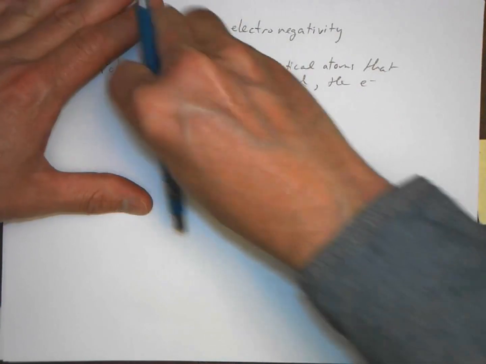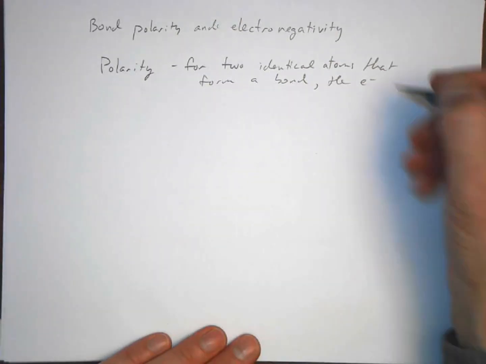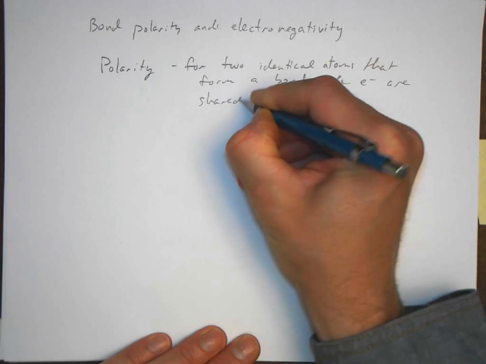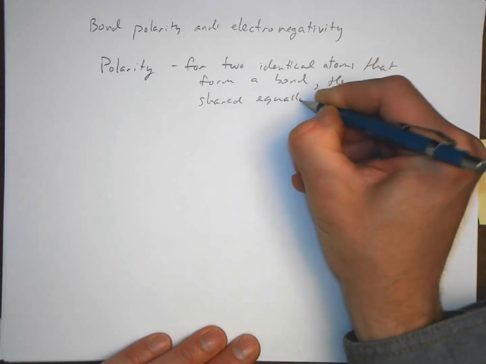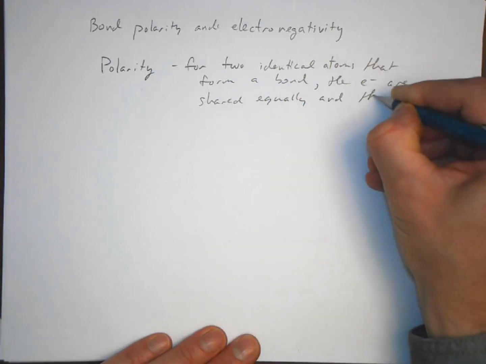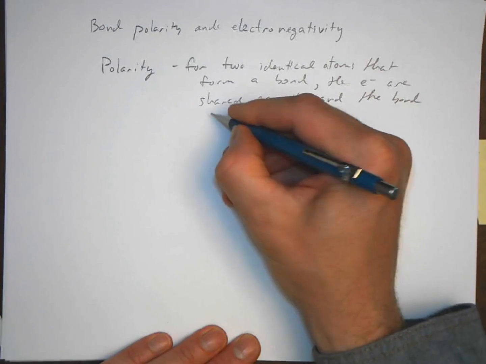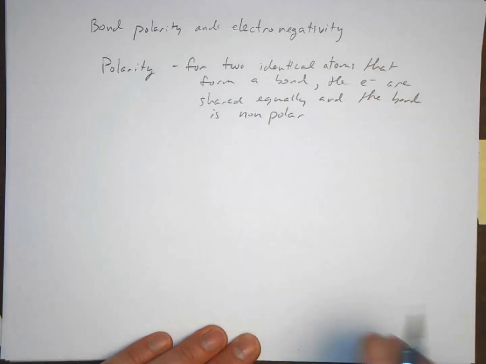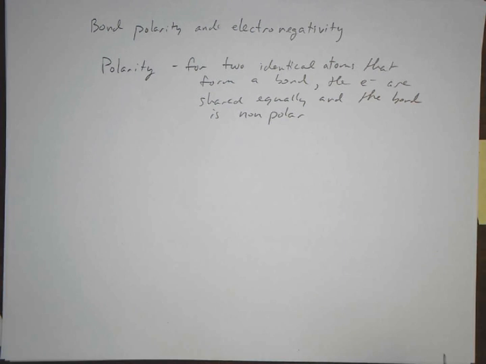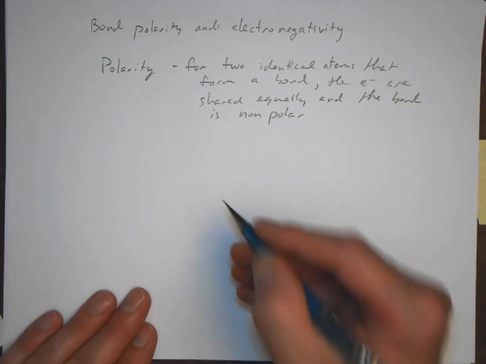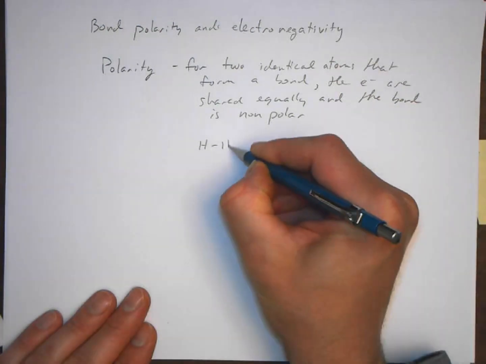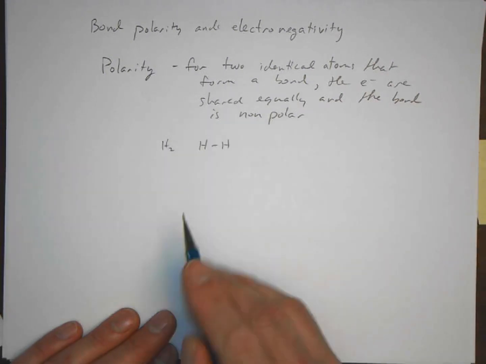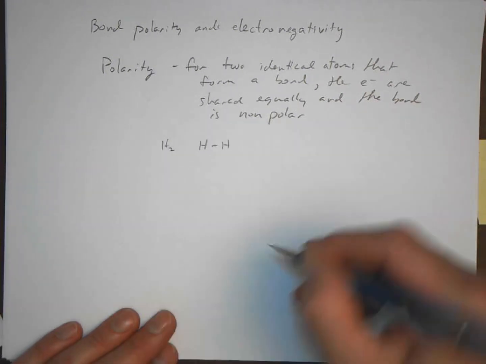So, excuse me, I'm going to erase this. Okay, so for example, hydrogen, H2, has 2 electrons being shared between those 2 atoms.